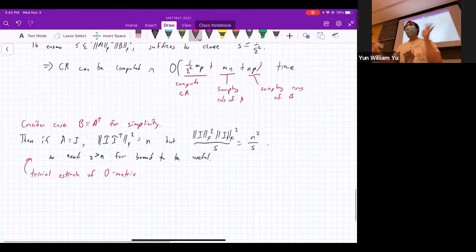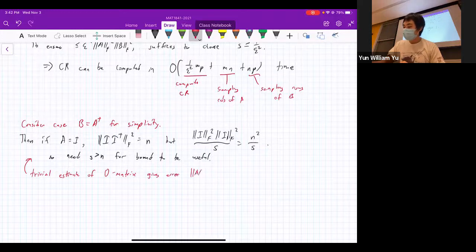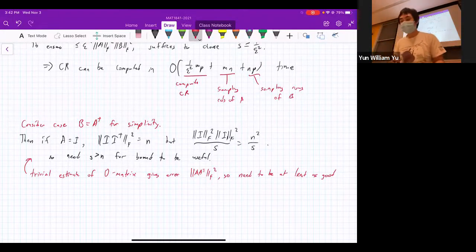You can always estimate a product as 0, and then at most you're off by the Frobenius norm of the product by definition. So the trivial estimate of the zero matrix gives error ||A transpose||_F squared. So we need to be at least as good, because if you're not as good as the zero estimate, then you really have no business estimating it.